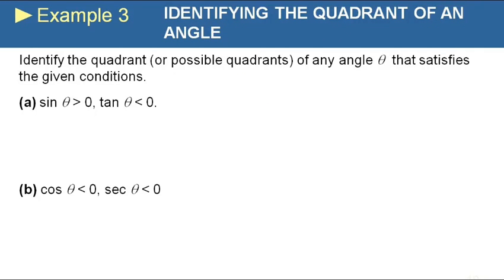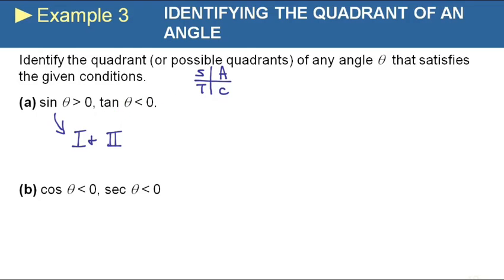Okay, example 3. Let's identify the quadrant or possible quadrants of any angle theta that satisfies the given conditions. For part A, we're looking for the quadrant or quadrants where sine of theta is positive but tangent of theta is negative. Now if you draw your little ASTC diagram, the quadrants where sine could be positive are quadrant 1 and quadrant 2.